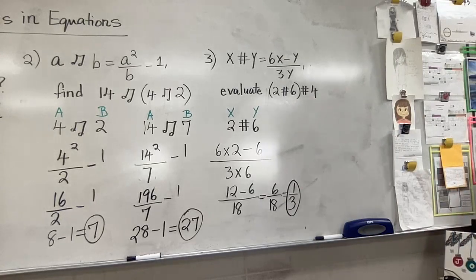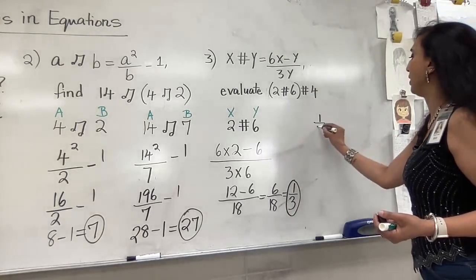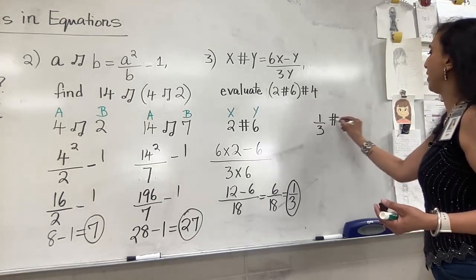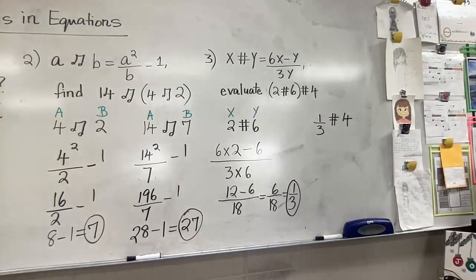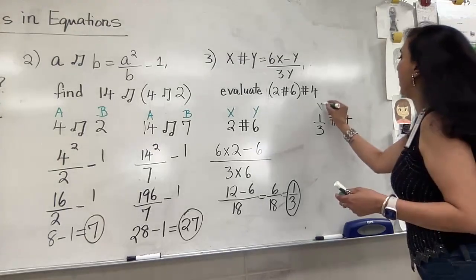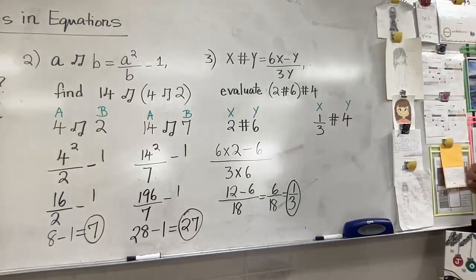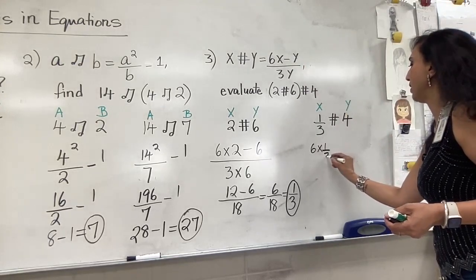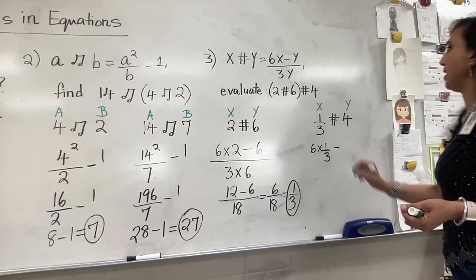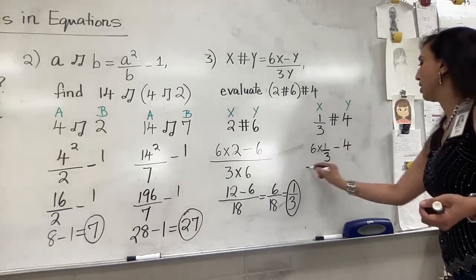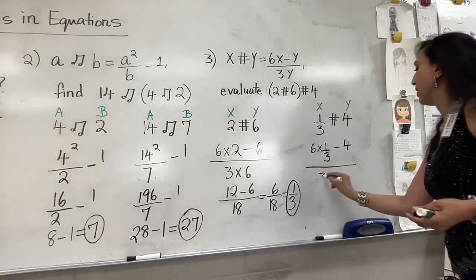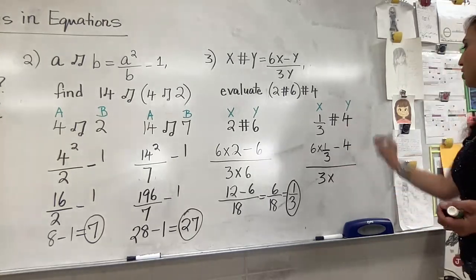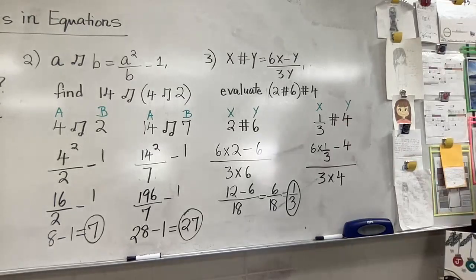Then the next part is 1/3 hashtag 4. Once again, this is my x and this is my y, so I do 6 times x, so 6 times 1/3, minus y, which is 4, over 3 times y, which is 3 times 4.